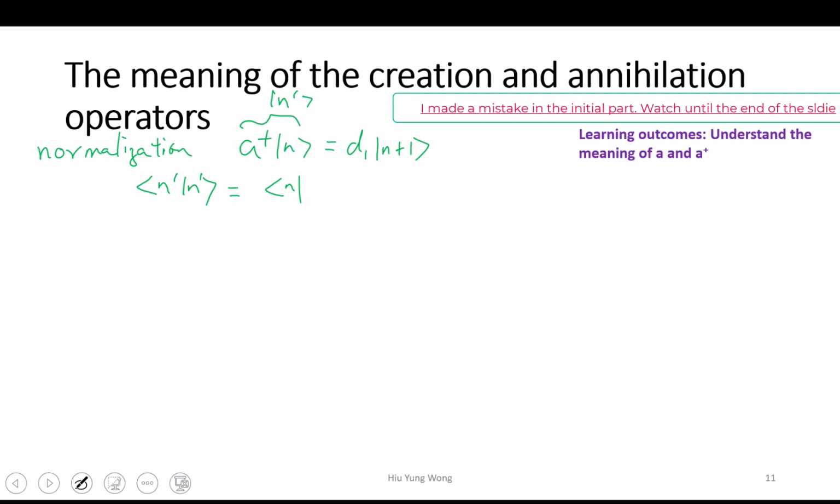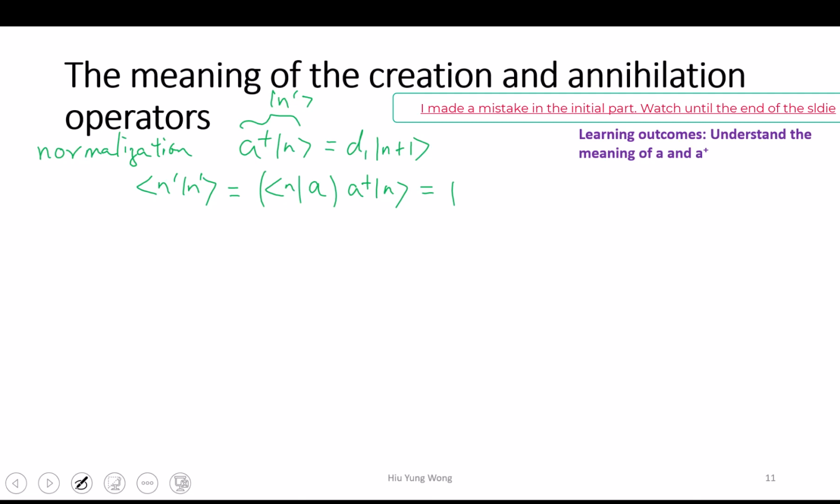But how about for A dagger? It becomes just the adjoint matrix, right? It becomes A. Remember this? So the whole thing times itself, which is A dagger n. And this one needs to be 1 in order to normalize. The length needs to be 1.